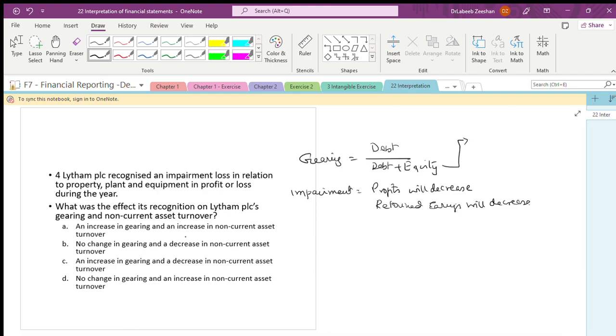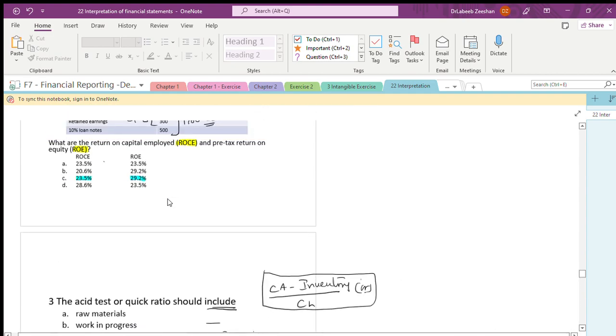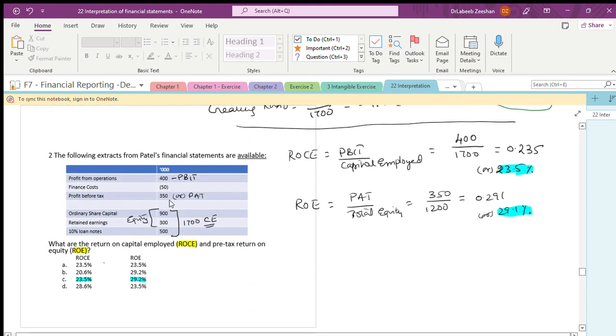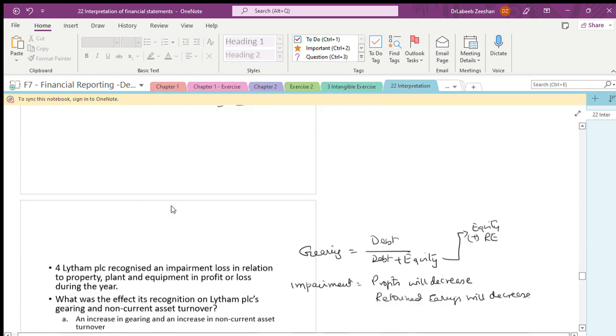Very analytical one. See the thing. In the gearing, total equity is the ordinary share capital plus retained earnings. What we did in the previous case when we calculated equity was the ordinary share capital plus retained earnings.